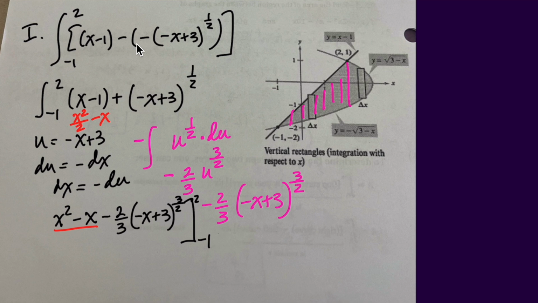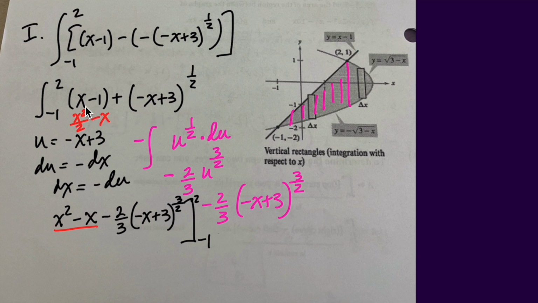On top, we're going to subtract our curved function. Our curved function down here is negative square root of 3 minus x. If you switch the x and the 3, that's negative x plus 3 to the 1/2 power. There's your negative. When you apply negative times negative, you're left with this.